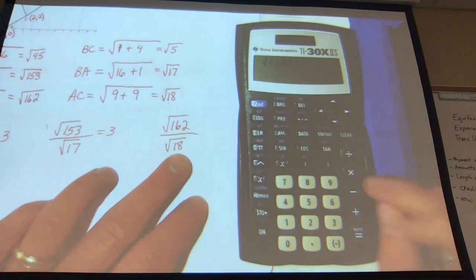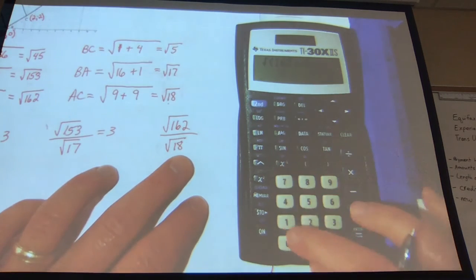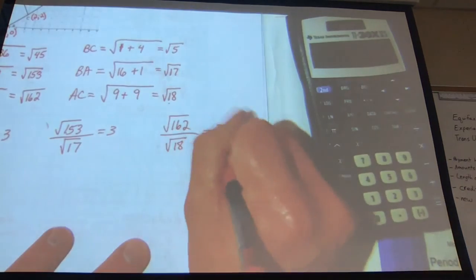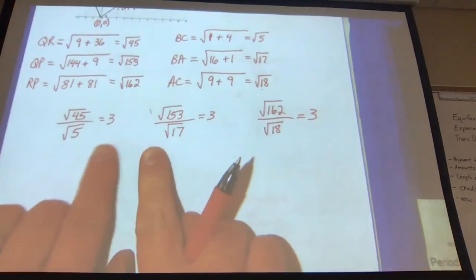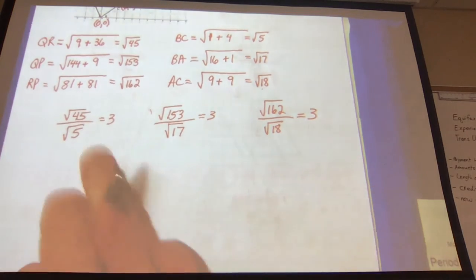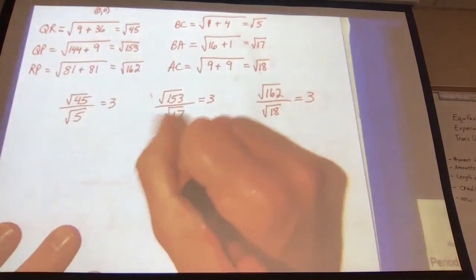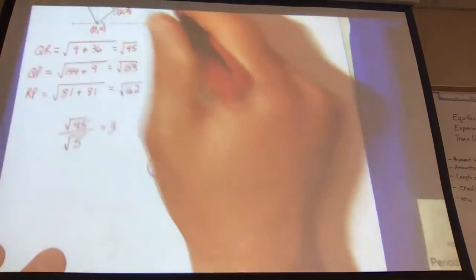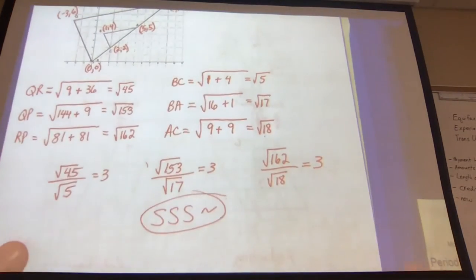Close off the 162, divide it by the square root of 18. That also gives me 3. I just showed that all 3 sets of sides have the exact same ratio, 3 to 1. That makes those sides proportional. So I can say by side similarity that these triangles are similar to each other.